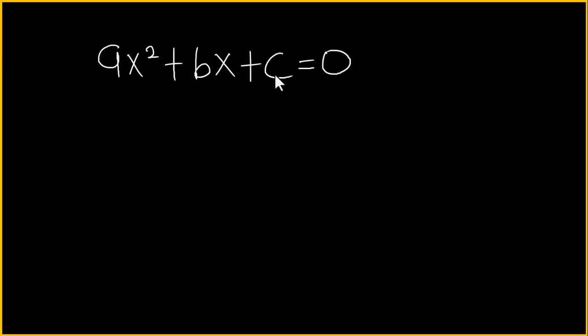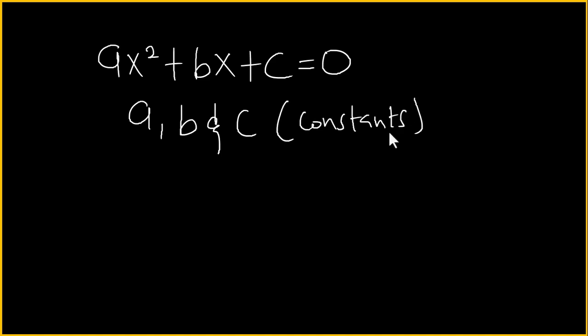Any equation of the form ax squared plus bx plus c equals 0, where a, b and c are constants and a is never equal to 0, is called a quadratic equation. Example.